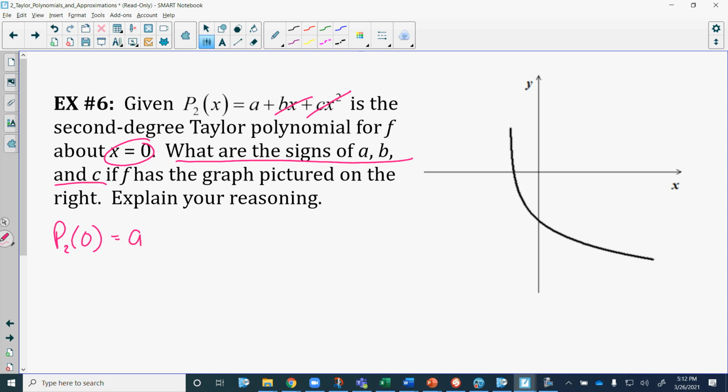Now, that value, and again, this isn't calculus based, that is the constant, the y-intercept of whatever the second degree polynomial would happen to be. Now, the function itself sure doesn't look like a polynomial, but anyway, that's the y-intercept. Where's the y-intercept? It's below the x-axis, so that means a is negative. Or we can say that a is less than 0.